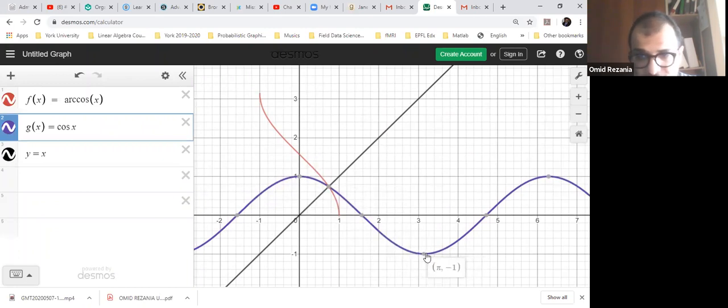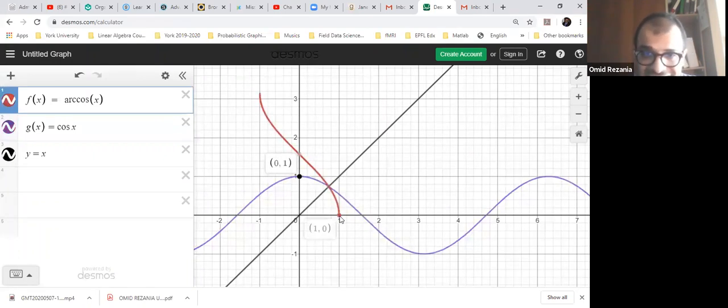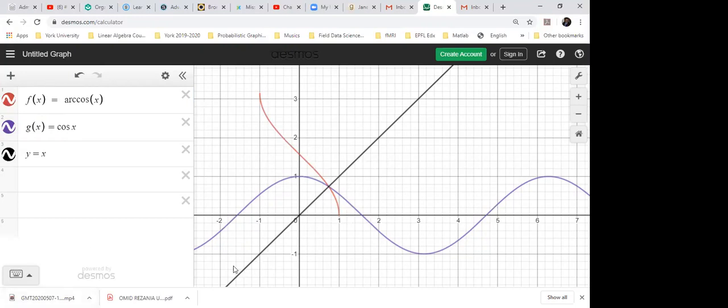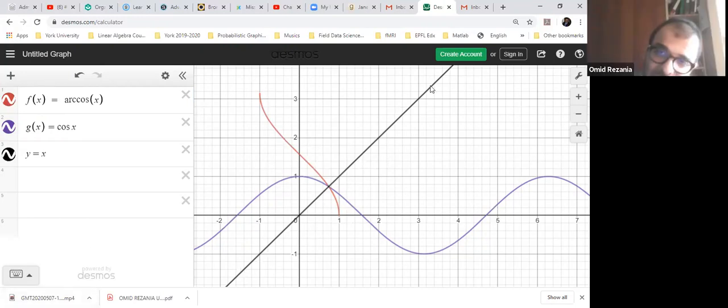It's between pi to -1, going to 0 to 1. You see, this is exactly the image of this one, the green one, from here to there. You see that? Yes. Then you see that y equals x becomes the line of symmetry for that plot.